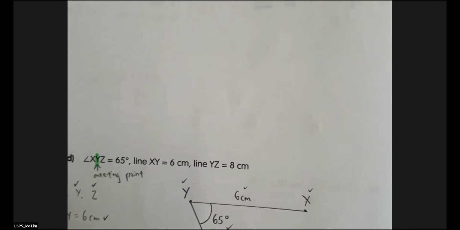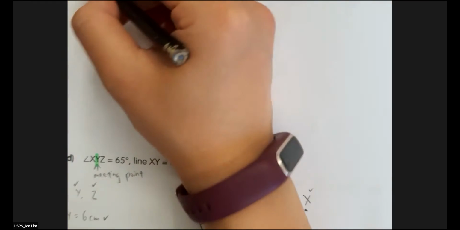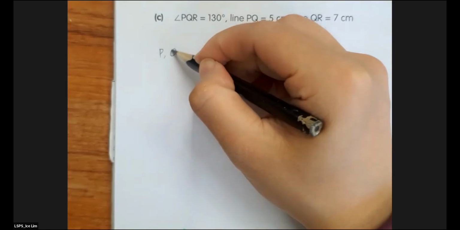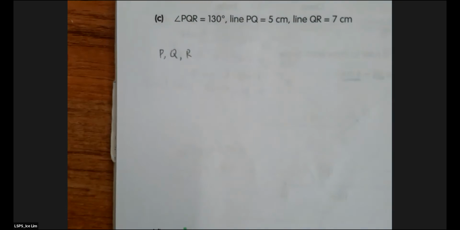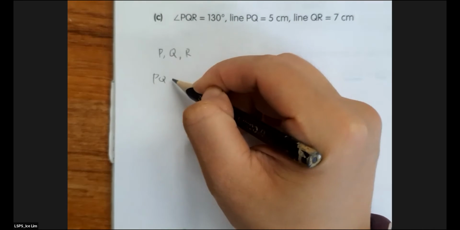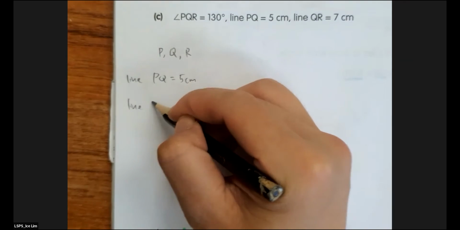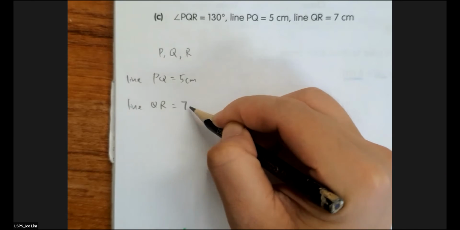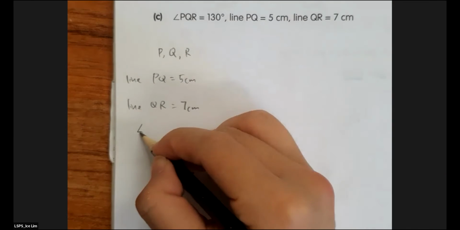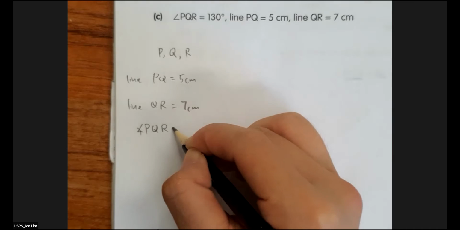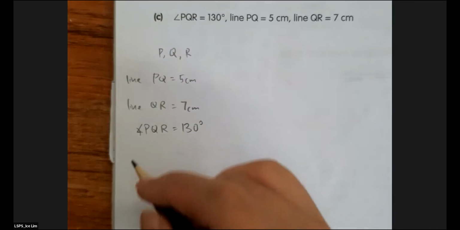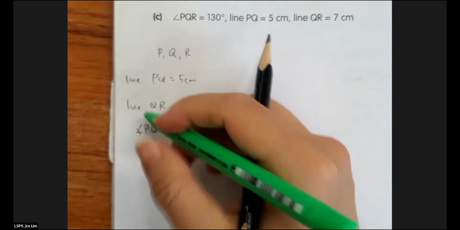You would have point P, point Q, point R. You are given line PQ is 5 centimeter, line QR is 7 centimeter. Angle PQR is 130 degrees. Q is the meeting point.